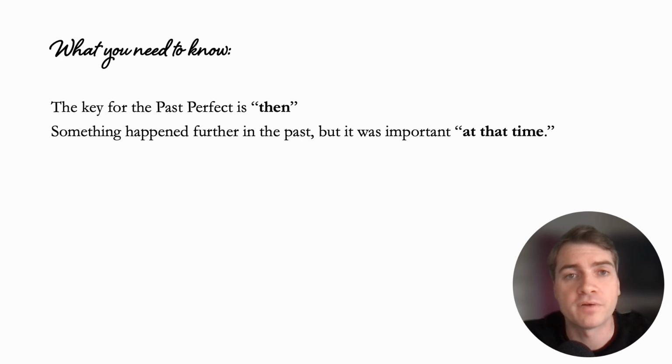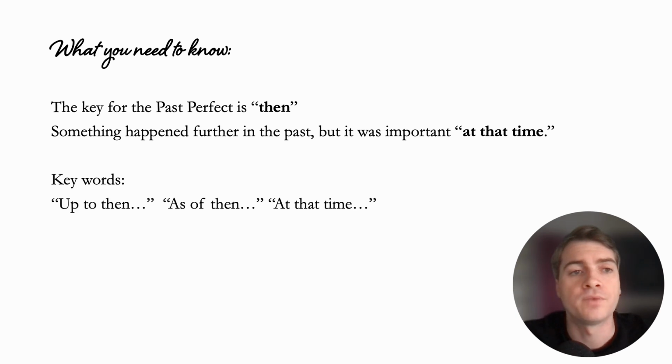But for the past perfect, something happened further in the past, and it was important at that time, okay? So instead of now, we're talking about then, as of then. Something was important at that time. Some key words to look out for are up to then, as of then, right? And at that time, all right?